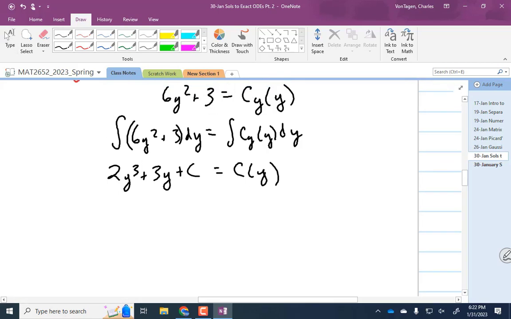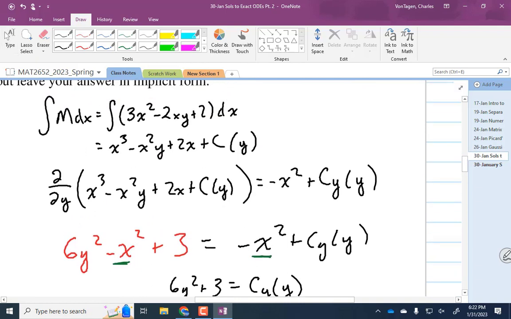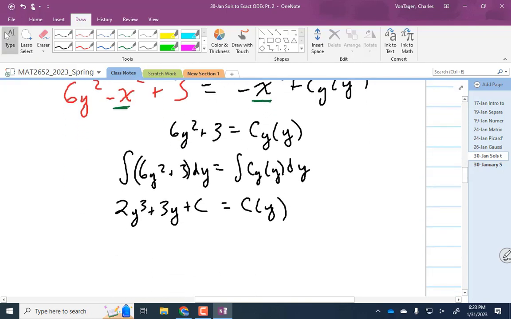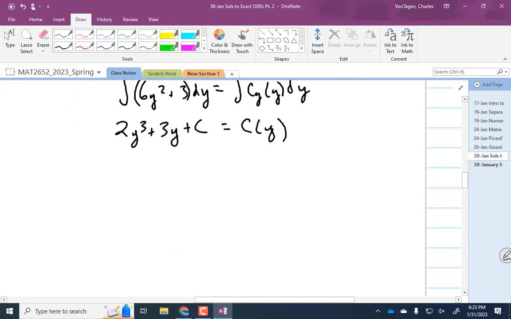So again, we knew a large chunk of the answer when we integrated the first component function with respect to the first variable. The only thing we didn't know was what this expression that only had y's was. Now we found it, and so I'm ready to give my entire solution.